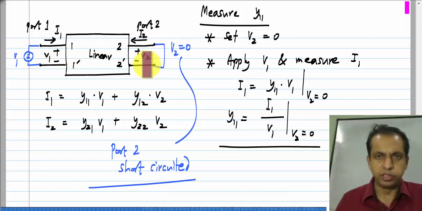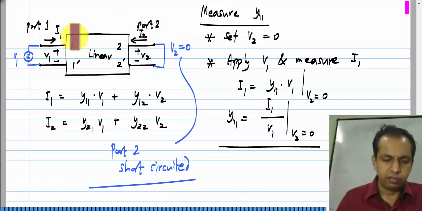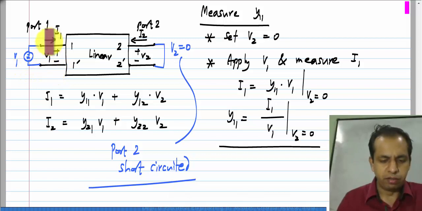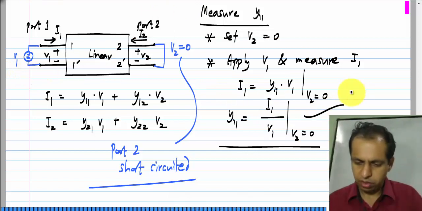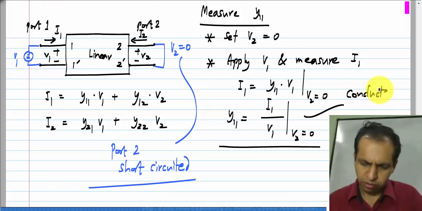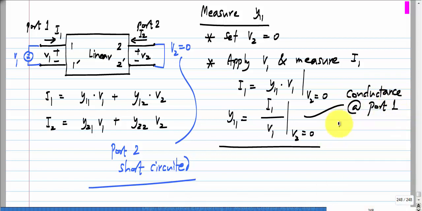Because when you short circuit the second port, we just have these two terminals to play with. We apply a voltage and find the current going there, take the ratio of current to voltage. So, this is nothing but conductance at port 1 when port 2 is shorted. So, that is how you measure y11.